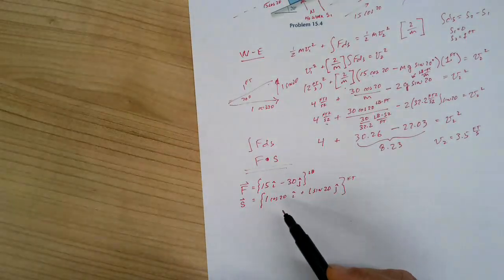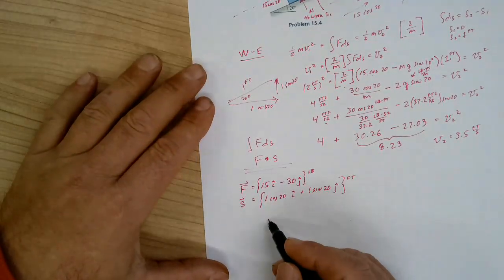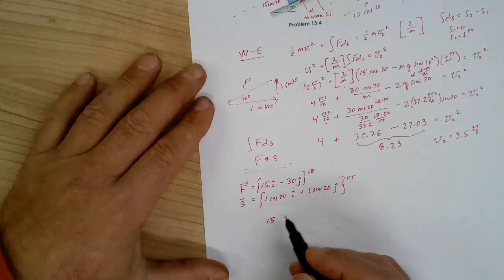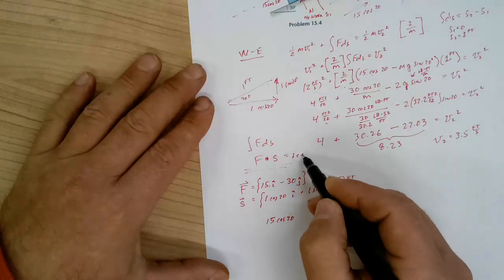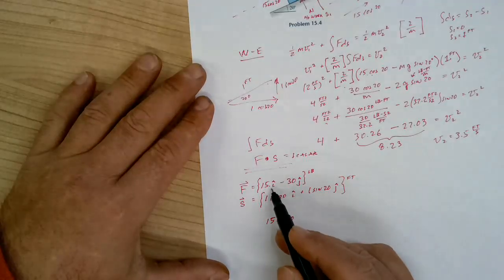So let's evaluate F dot S. Very easy, right? It's the sum of the I terms, 15 times 1 times cosine 20. The dot product is called the scalar product.